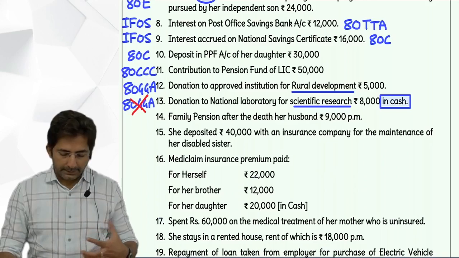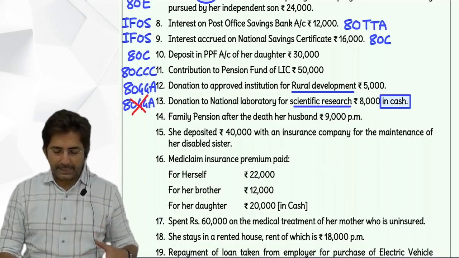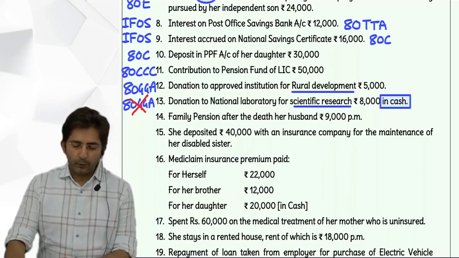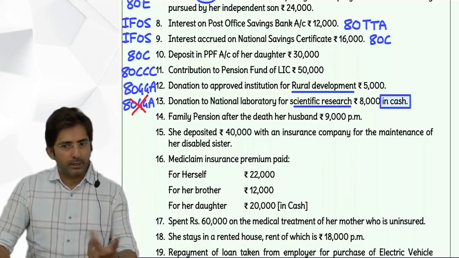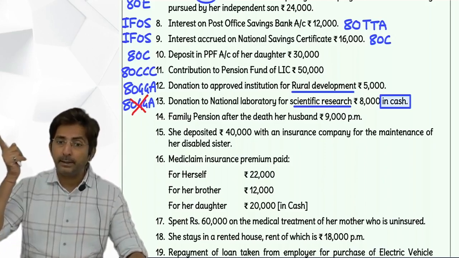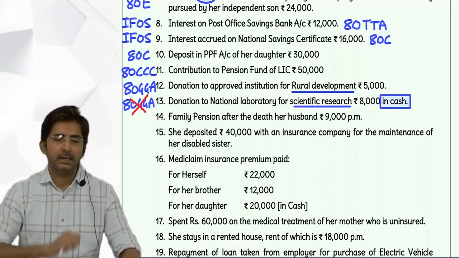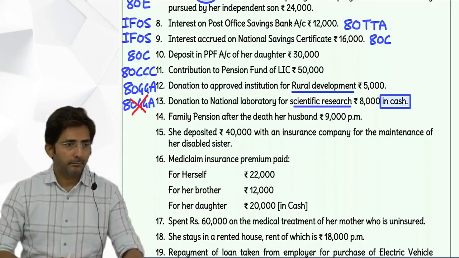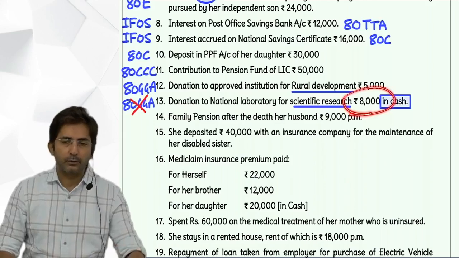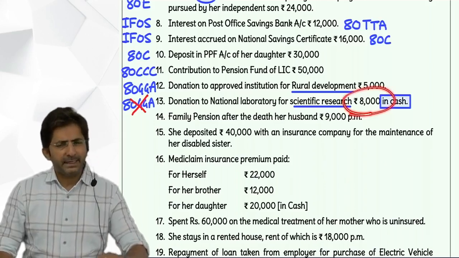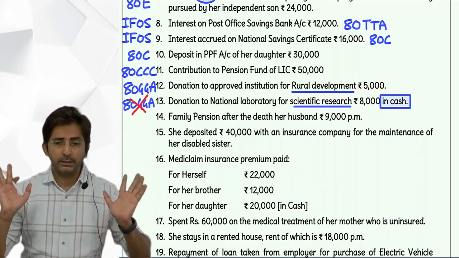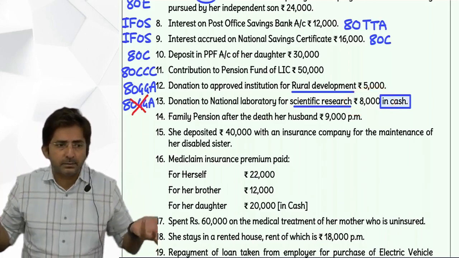It means there was an 80GGA section, but why did we cancel? Because in cash it is not allowed. If it would have been just 2000 or less, we would have allowed. Up to 2000 allowed. But see, for donation to a political party, not a single rupee in cash is allowed. If you have given 8000 as donation, then you are not allowed to give in cash.